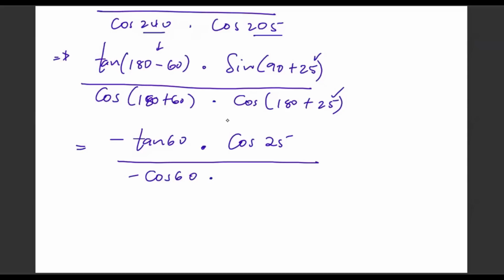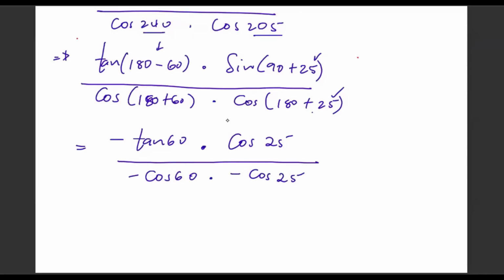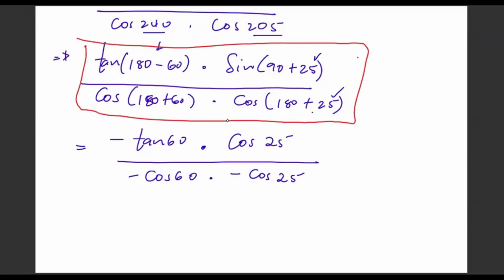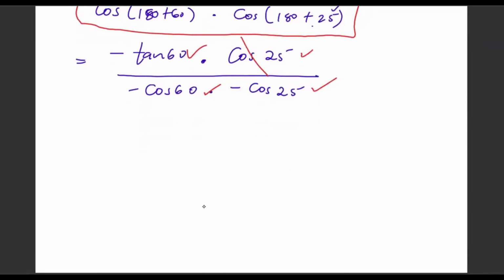We're multiplying it by cos of 180 plus 25, that's a negative cos 25. Okay, so no one is going to give you marks for this step. The marks will come from this next step, the reduction part. That's where you're going to start getting marks. So we can cancel this and cancel that because it's just the same thing.